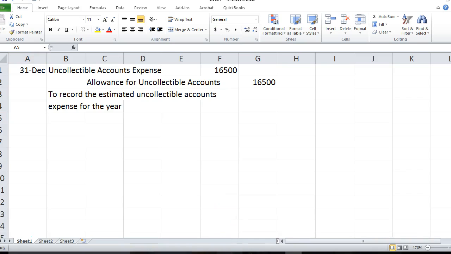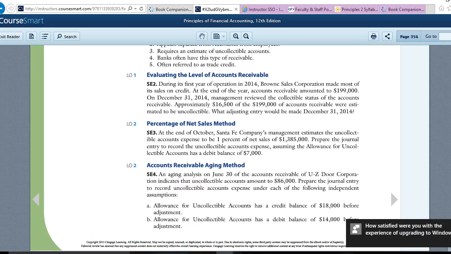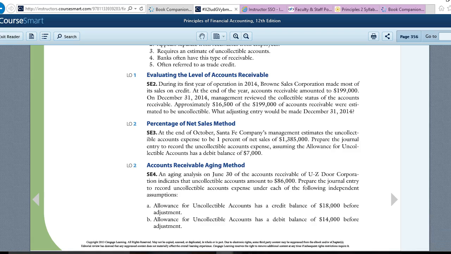Let's look now at the next one. The next one, SE3, says, at the end of October, Santa Fe Company's management estimates the uncollectible accounts expense to be 1% of net sales of $1,385,000.